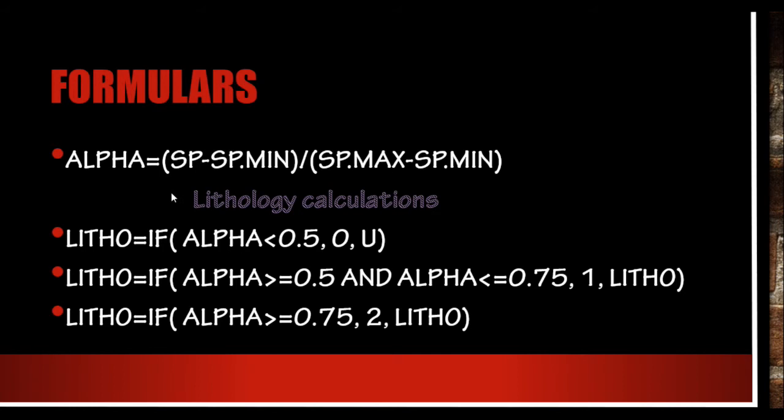Here is a formula. First, the formula we need to derive the lithology data. Maybe we want to derive lithology data from SP, the spontaneous potential. First we need to calculate the alpha, and the alpha for SP is derived using this formula. I'm going to show you practically how you can put this data into a calculator and get the alpha. After getting the alpha, you move to lithology calculation, using the following formula.